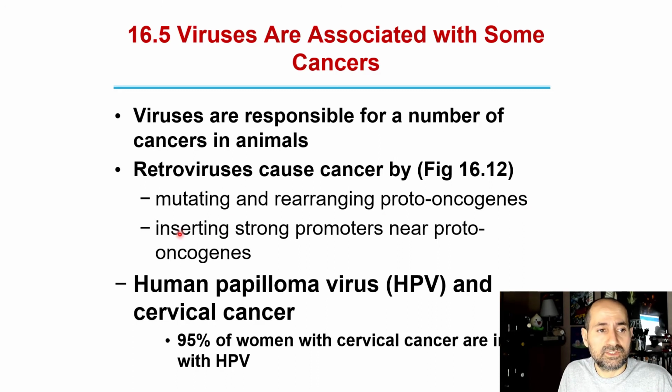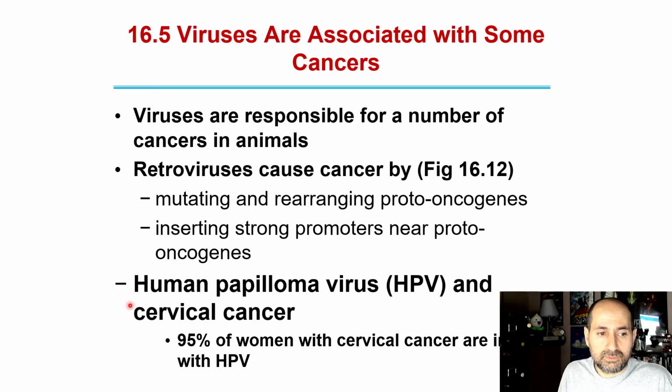What if a retrovirus infected you and it inserted a strong promoter next to one of your proto-oncogenes? Now you're getting too much expression of that proto-oncogene, and that might stimulate too much growth, and that might cause that cell to divide too frequently.